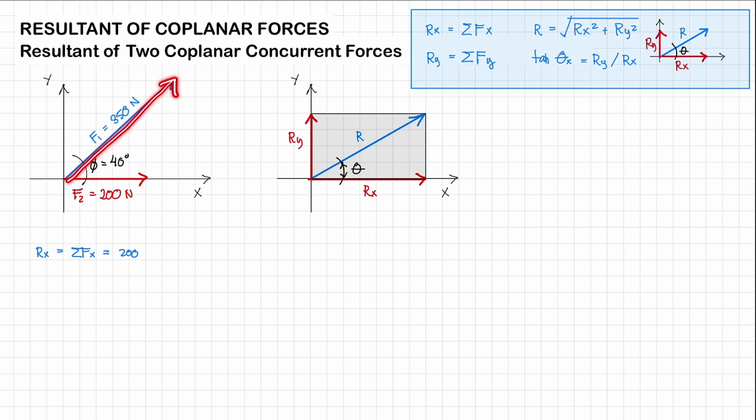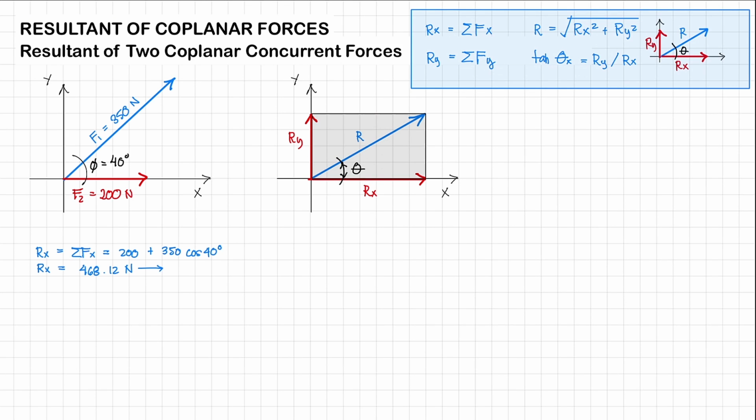So for the horizontal component of F1, right here, this is going to be F1 or 350 cosine phi or 40. Alright? So solving this, we have Rx that is equal to 468.12 newtons. That is acting to the right.